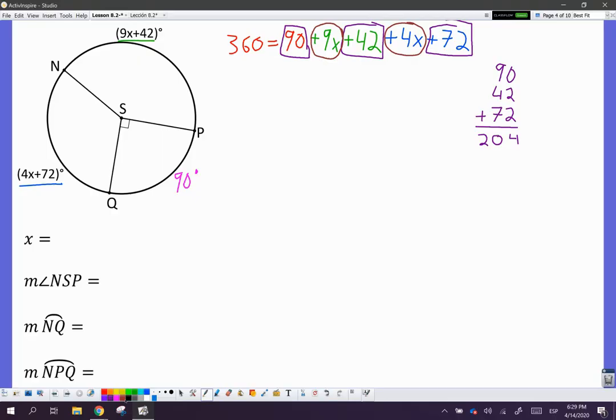And then if I add my variables, I have 9 and 4, and so that gives me 13. So I end up with 360 equals 13x plus 204.